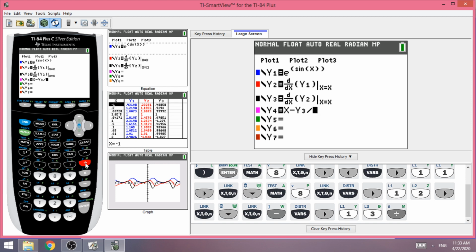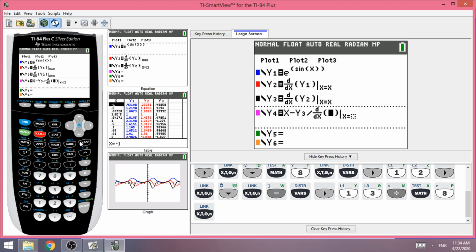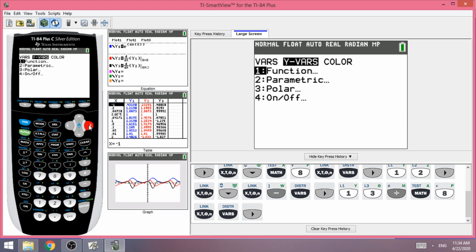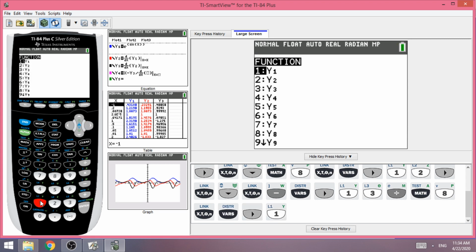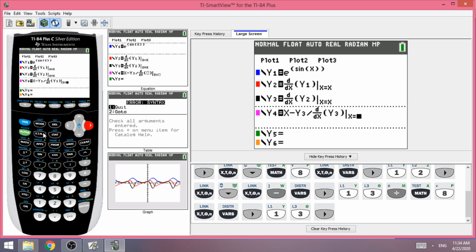So the derivative of y3, so let's say this one it's math, 8 once again, d over dx, derivative of y3 function, and this time, y3. So basically, I just want to put in the Newton's formula. And again, with respect to x.